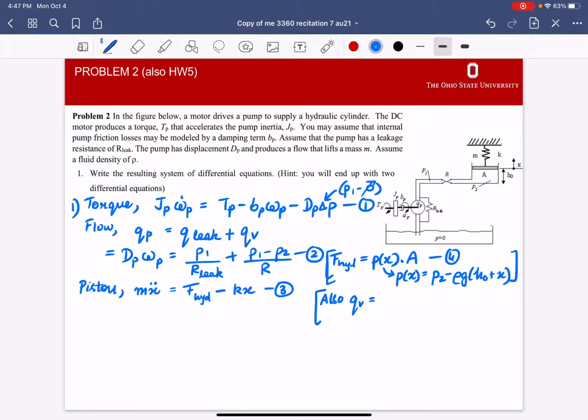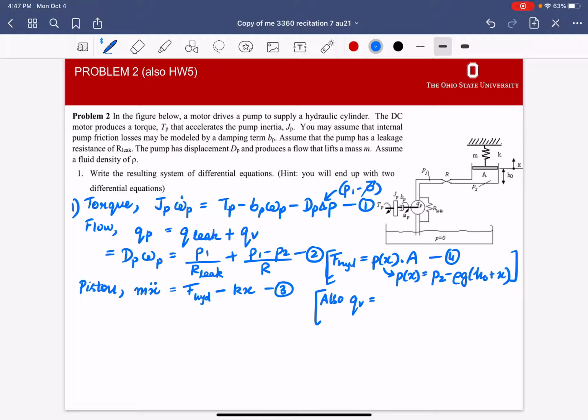But at the same time, that same amount of flow, since mass is conserved, is also what's causing this piston head to rise up, right? So whatever volumetric change happens as the piston moves, that's equal to the volumetric flow rate that's coming in from here. So this can be written down also as A times x dot.